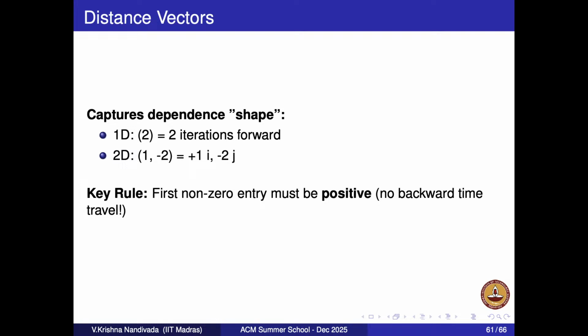Here I don't know which iteration depends on which iteration. If I have some code like this, I won't be able to calculate the distance in such a case. I can mark it as infinity, saying that some distance is there, I don't know.